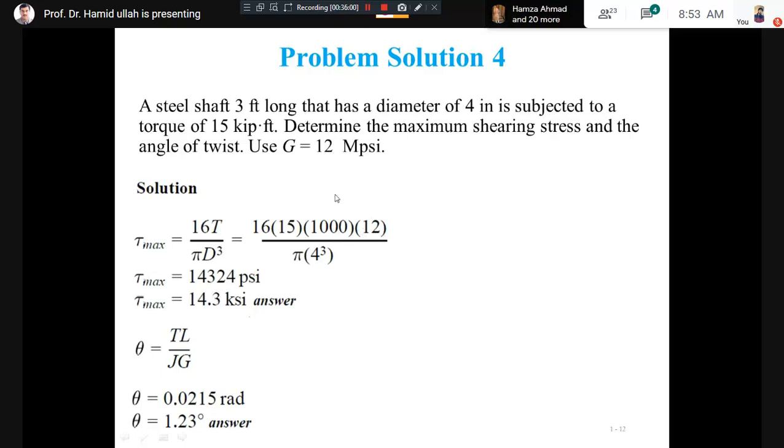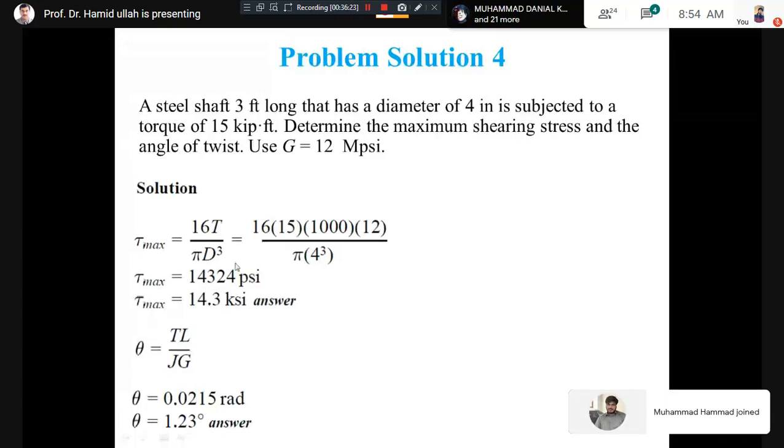And then what is next required? The angle of twist. When angle of twist is required, for sure you will need to apply the angle of twist formula. Again, values are given. Torque is given, you can see 12. Length is given, how much? 3 feet. J you can calculate here already, pi d to the 4 by 32 for a solid shaft.